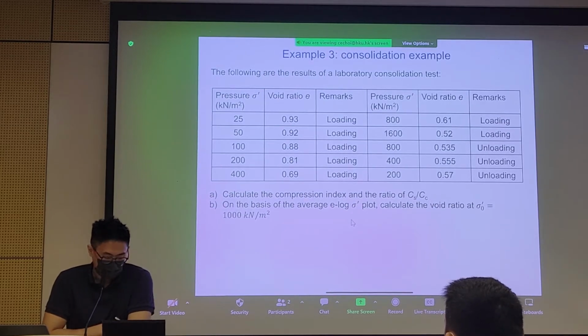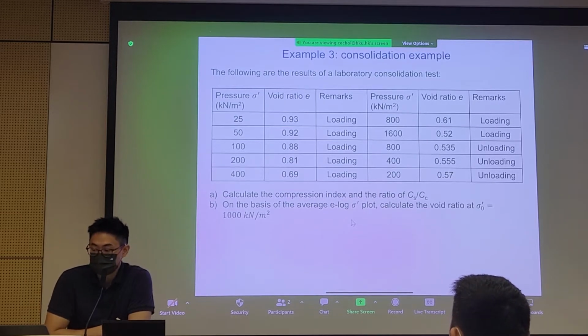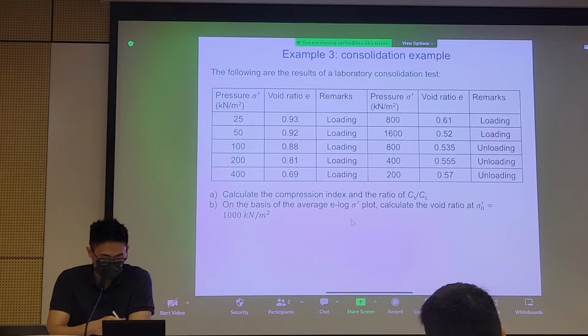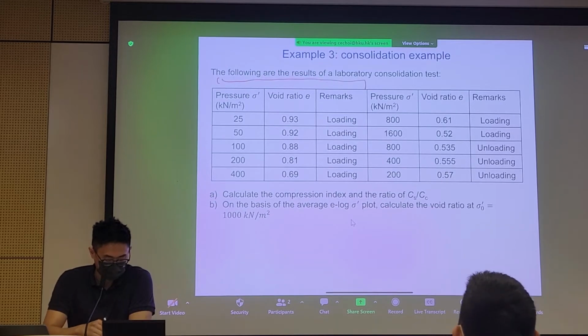So, if you look at this example here, again, you're given consolidation test data. As usual, in the first column you have pressure more or less being doubled per increment. You're given the void ratio, and there are essentially two sets of data here.